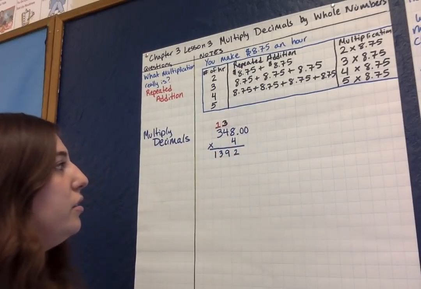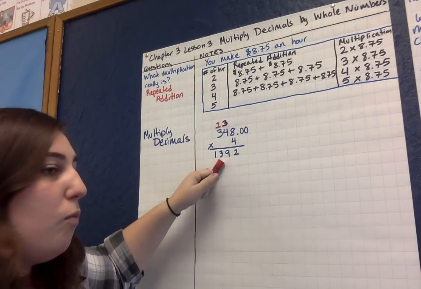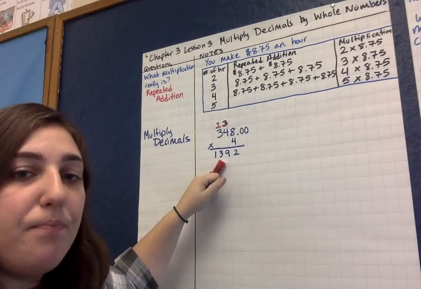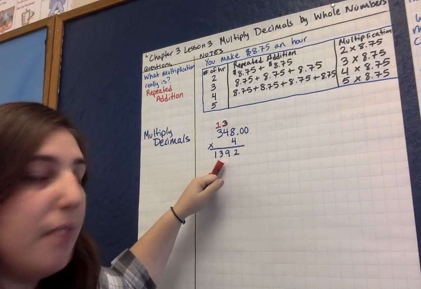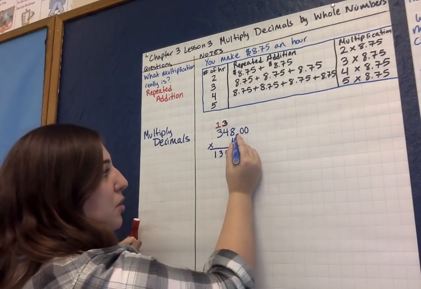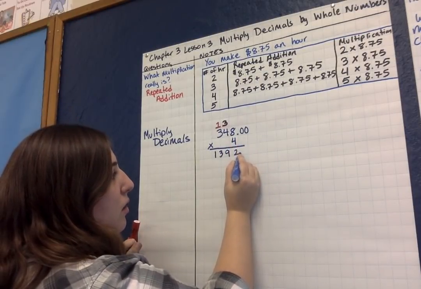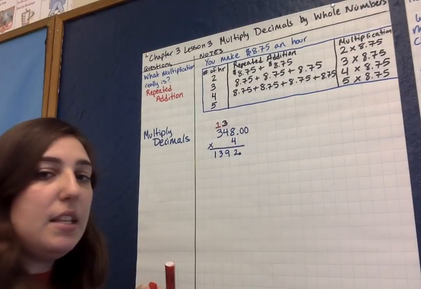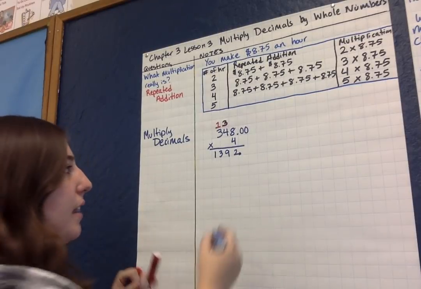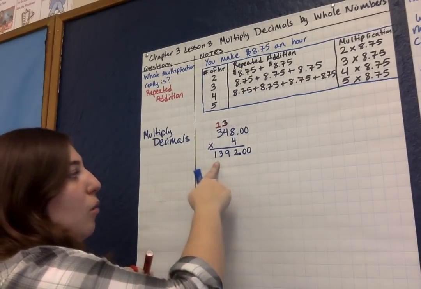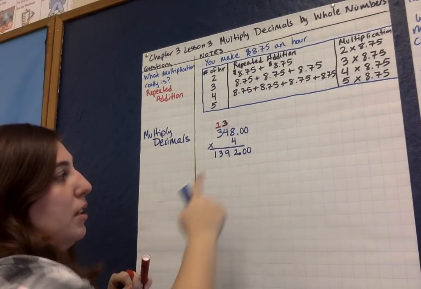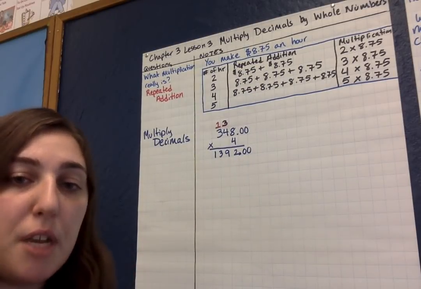Okay, so one important thing to note, we are going to put the decimal in the same spot that it's in. So in this case, the decimal is right here, so I'm going to drop it down. So it's right here. It's in the same spot, okay? And then I can add the zeros. You don't have to. 1,392 is the same as 1,392.00.